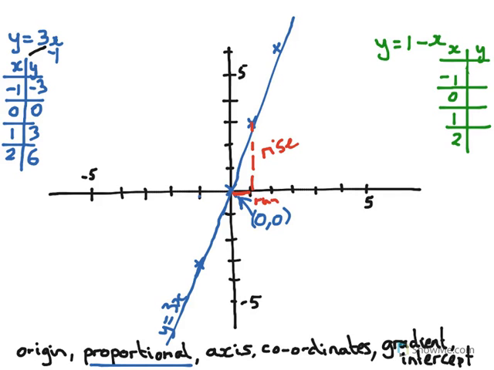So the gradient of this graph is going to be rise over run. And if we look where I put the red lines now, we went up 3 and across 1. So the gradient of this graph is going to be 3.